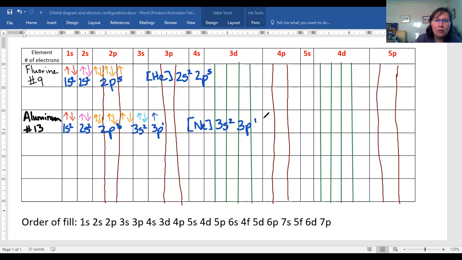Okay, let's go a little farther. Let's do one more. And let's do one that's kind of higher up there. Let's do selenium. All right, now selenium is number 34. So this is going to get big.